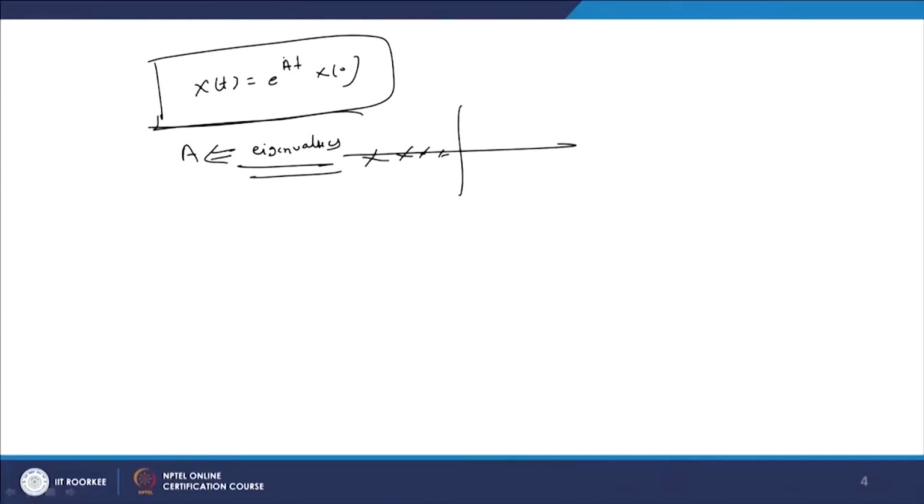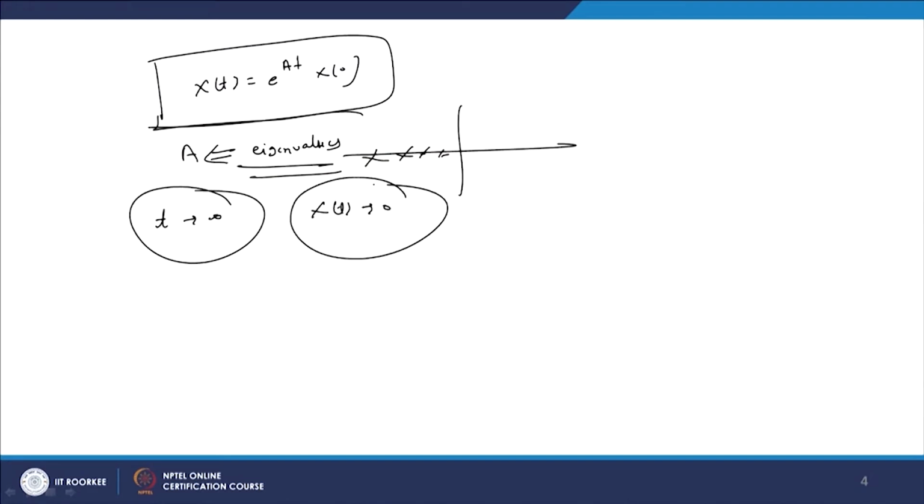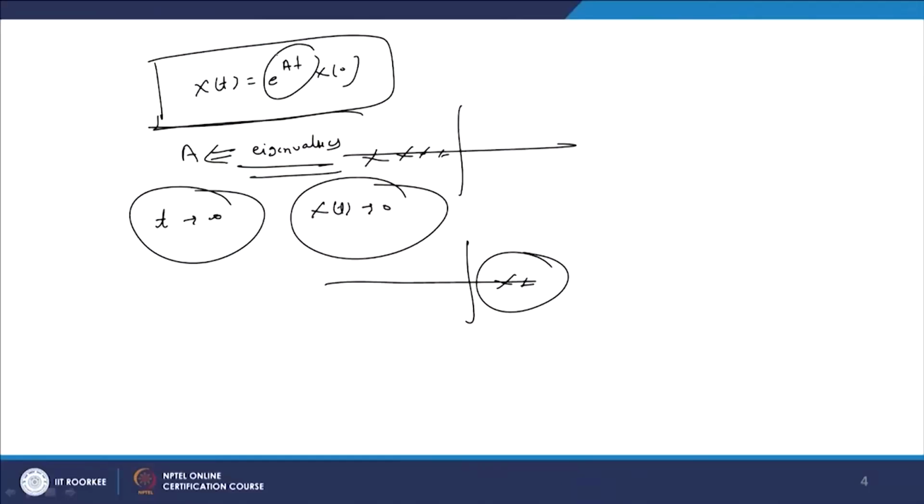So as t tends to infinity, x of t tends to 0, that is a stable system. But if the same A has eigenvalues on the right side of the S plane, then x of t may reach very high values, and it moves towards instability. That means from x of t we can also get information about the stability of the system.